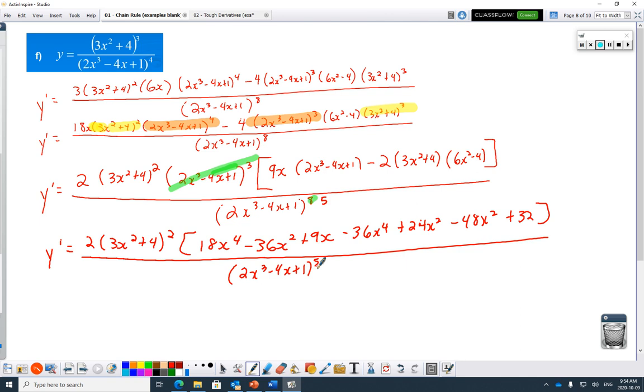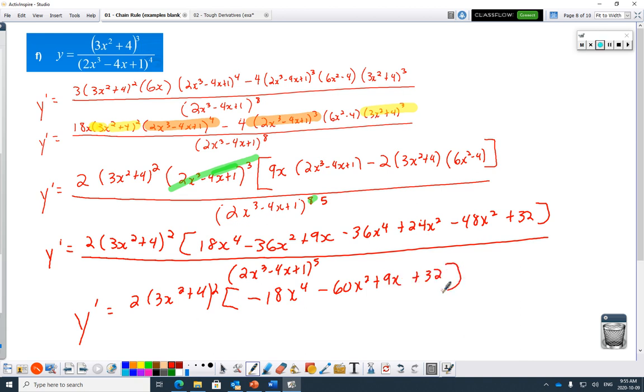And now, one final step, I think. Square bracket. 18x to the 4th, negative 18x to the 4th, negative 36x squared, negative 12x squared, negative 60x squared, plus 9x, plus 32.